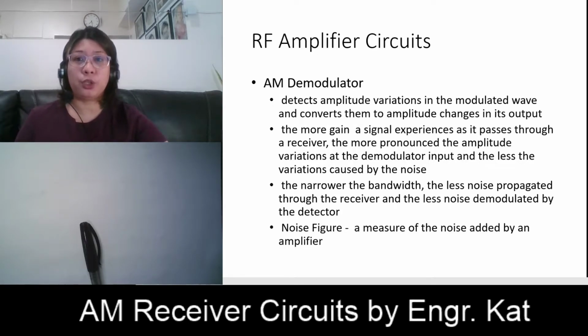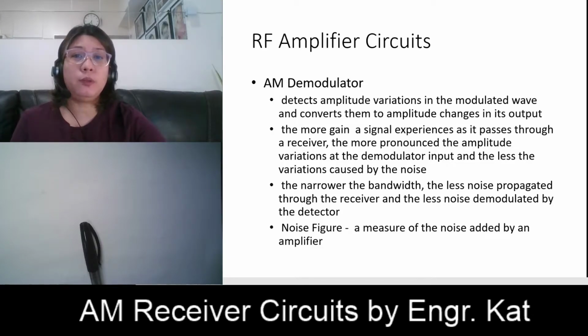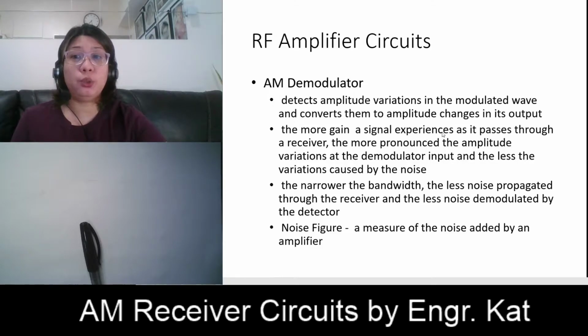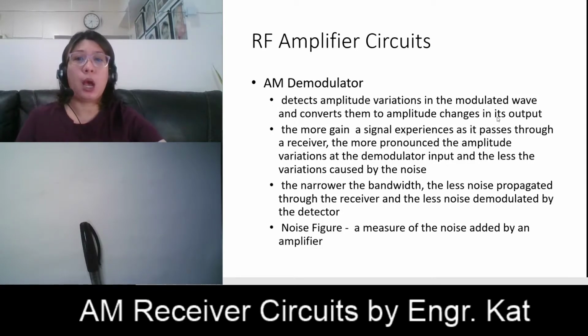Now, the AM demodulator. The main function of an AM demodulator is to detect amplitude variations, since it's amplitude modulation. It detects amplitude variations in the modulated wave and converts them to amplitude changes in its output.